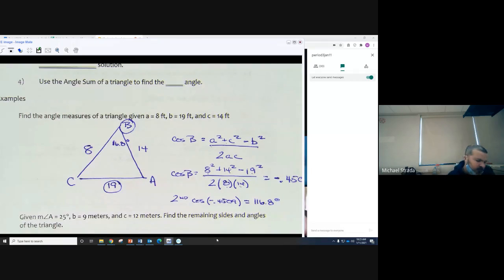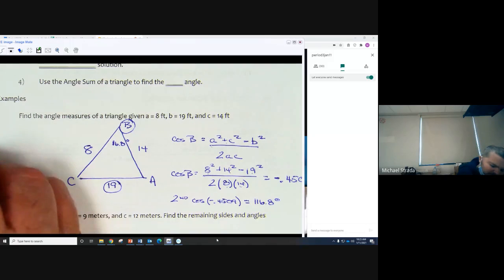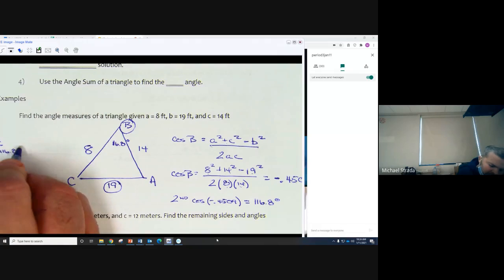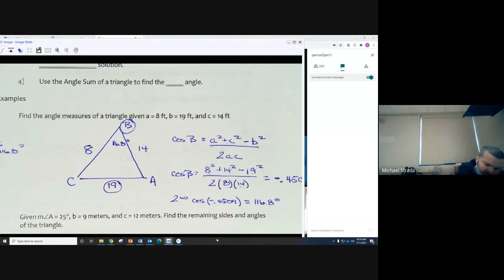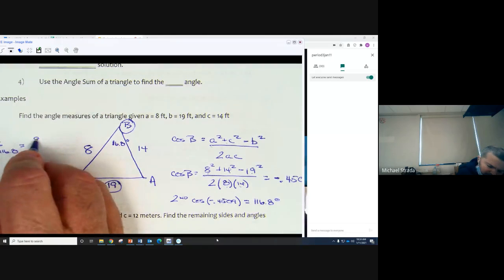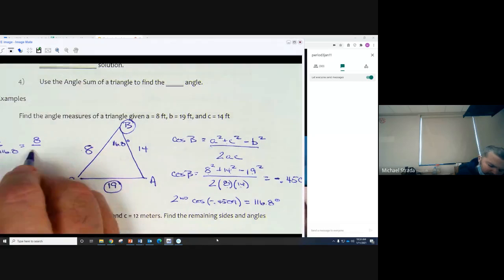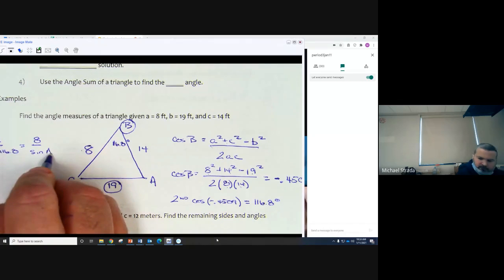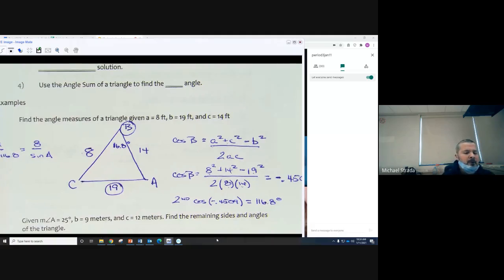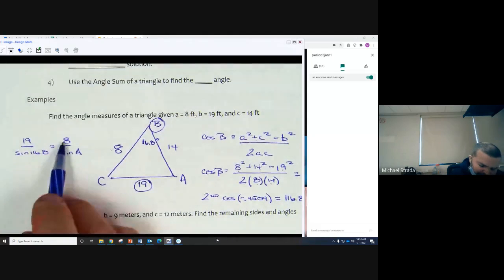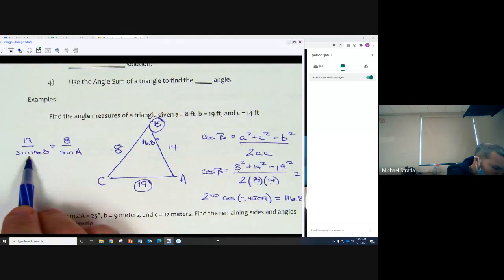I then use law of sines. So if I take the 19 over sine 116.8, I can put that over either of the other two sides. I'm going to pick 8 over sine A. I'm going to cross multiply: 8 times the sine of 116.8.